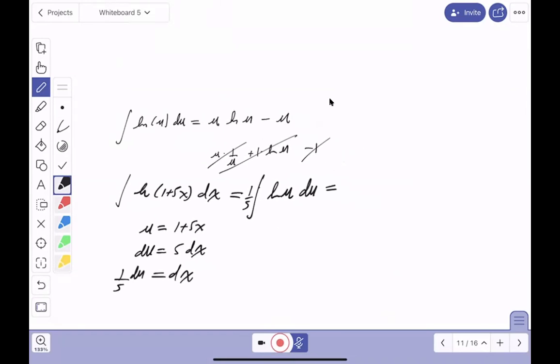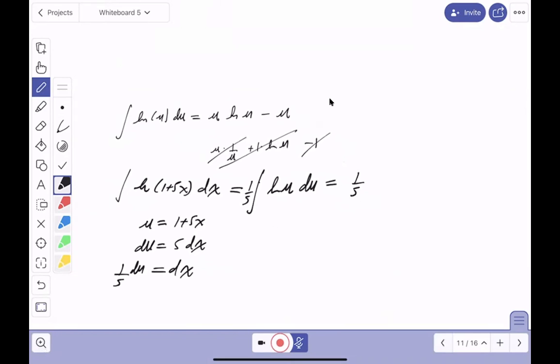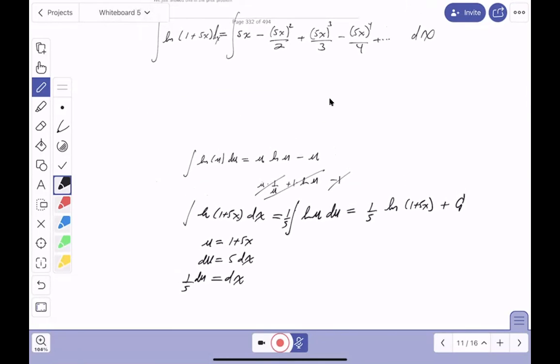Wow. So what do you have there? 1/5 ln, right? What's the u? It's 1 plus 5x. Plus some constant of integration, by the way. I'm not going to worry about that because there's two sides to integrate. I'll just keep it on one side. That's not so bad, right?